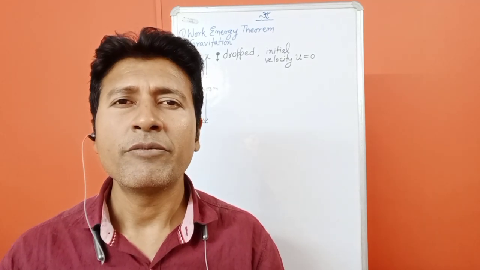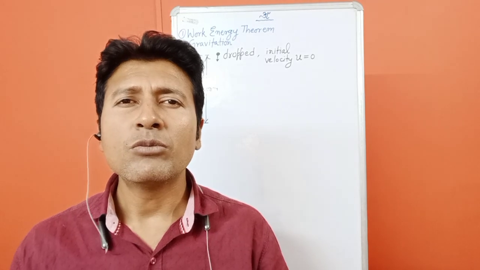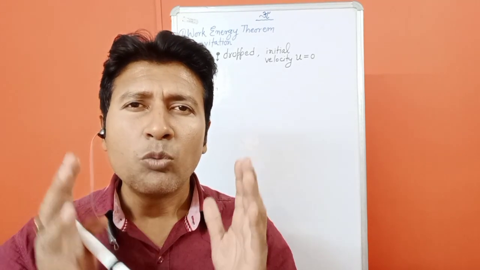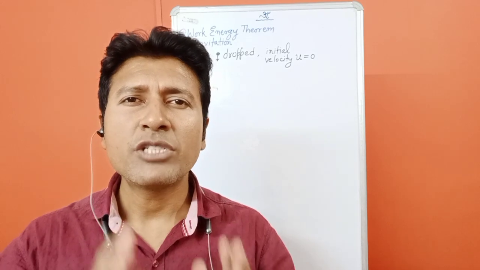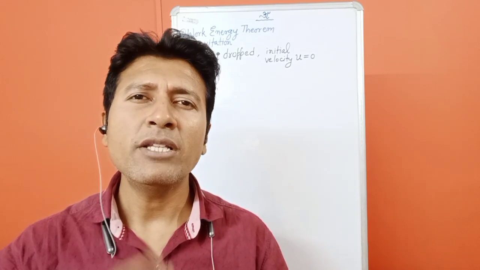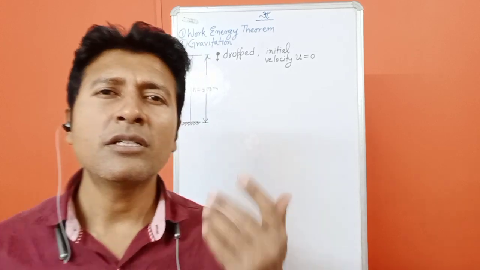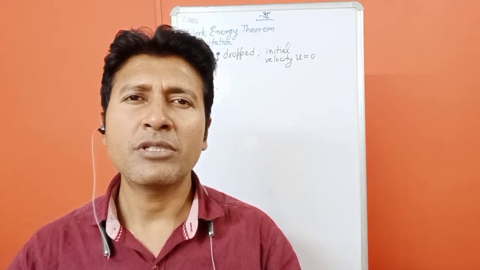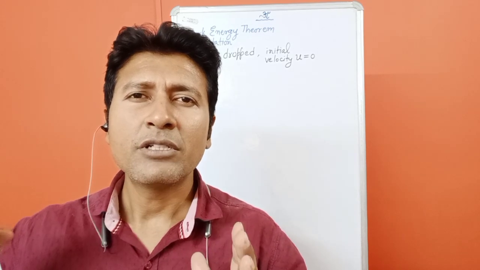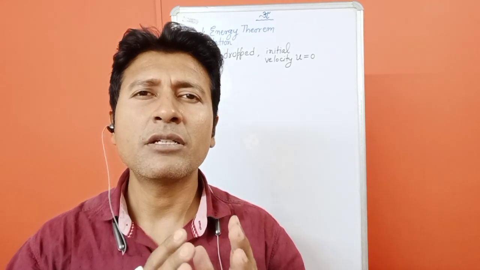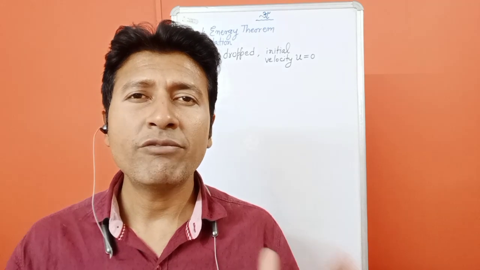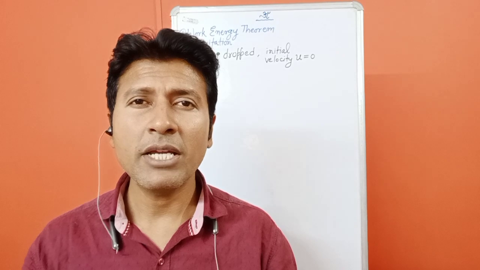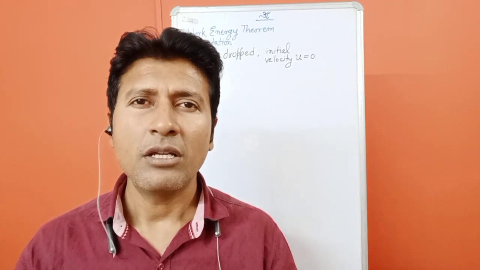Are you getting it? Now the other thing was that work done is equal to change in kinetic energy. Now why is the terminology kinetic energy there? It means there is an assumption that if you displace any body, you must have applied an external force by an external agent, right?